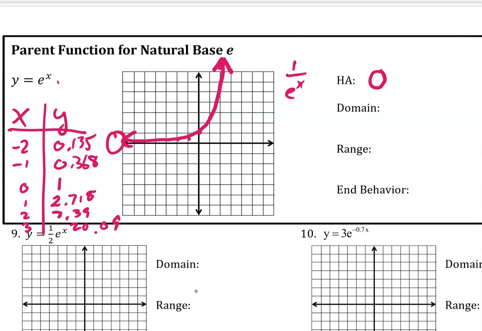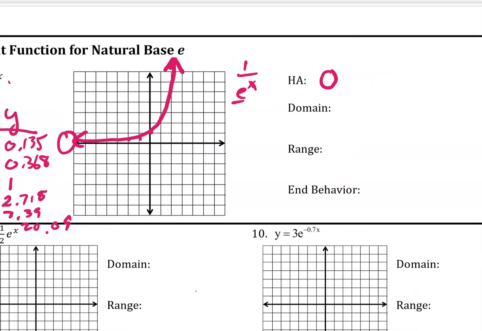As e to the x gets very large, a positive number greater than 1 raised to a very high number becomes a very large number. 1 divided by a very large number becomes very, very small, and it approaches 0. My domain: no restrictions on x, all real numbers. My range, well, I'm always going to be greater than 0 with that horizontal asymptote. So my range will be all real numbers such that y is greater than 0.